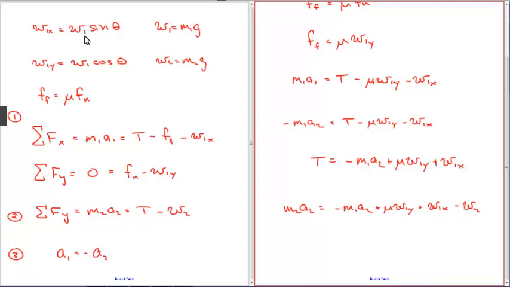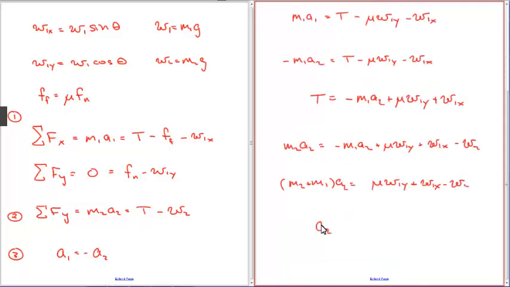So I'm going to first solve for A2. So we're going to move this to the left-hand side. So we have M2 plus M1 times A2 is equal to what's left over, mu W1y plus W1x minus W2, and then we solve for A. So A2 is equal to mu W1y plus W1x minus W2 over M1 plus M2.